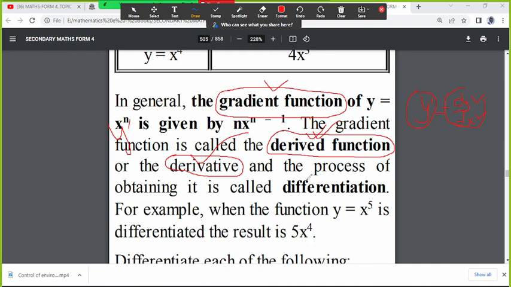Now, what is the definition of differentiation?